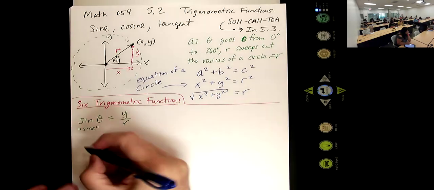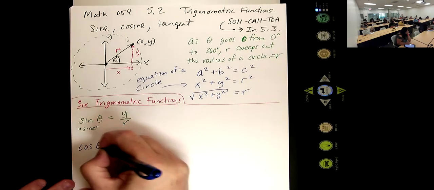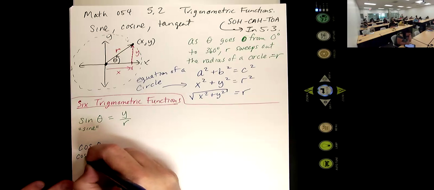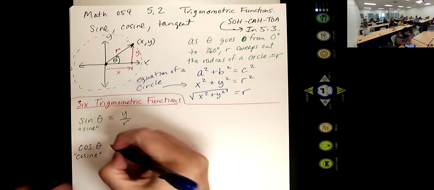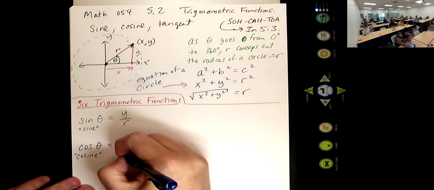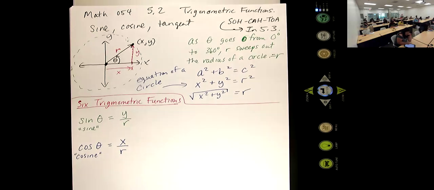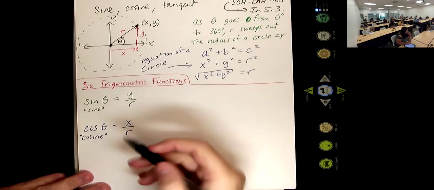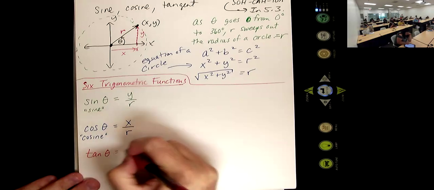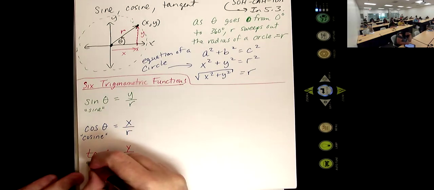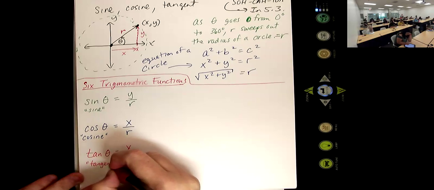Cosine of theta, which we give it COS, which is fun because that's the abbreviation of our school. Cosine theta equals x over r. And tangent theta, which we go by TAN, is y over x. And that's tangent.